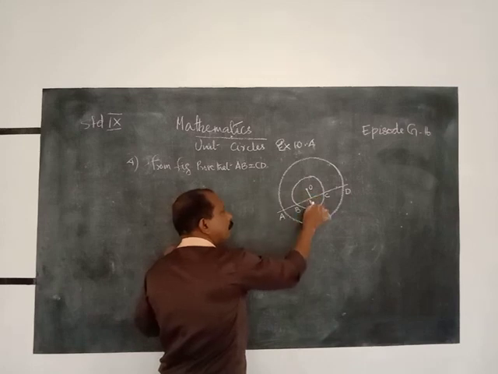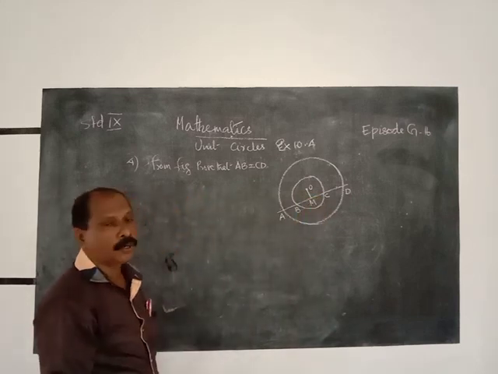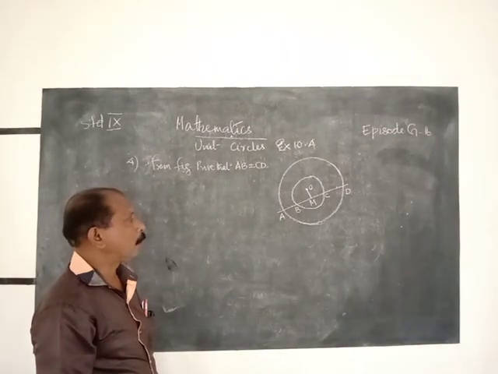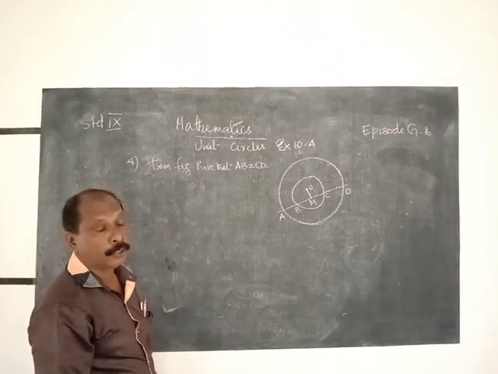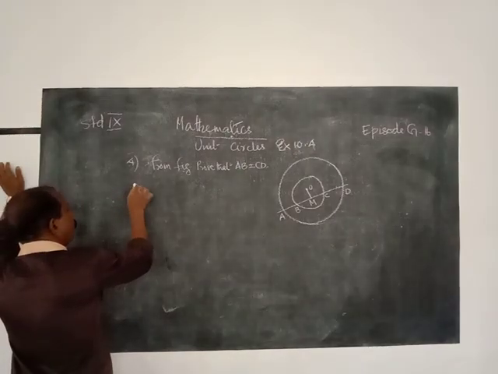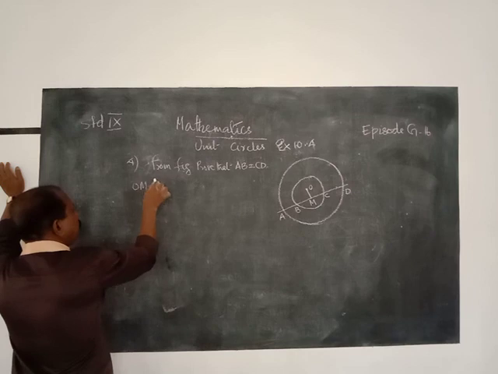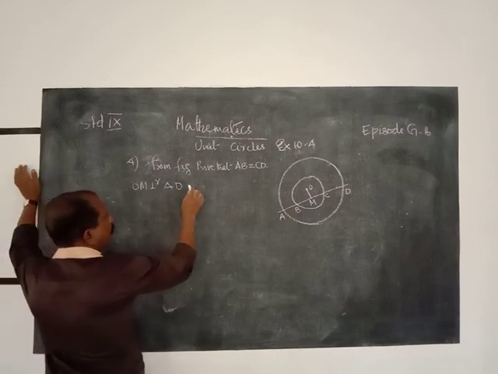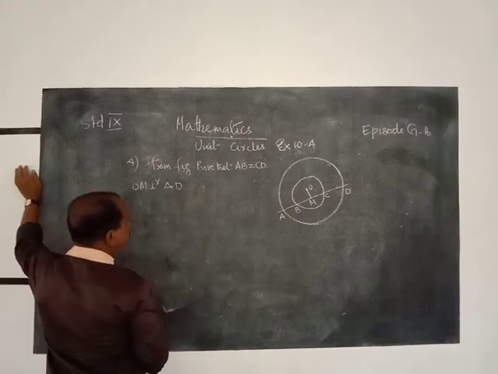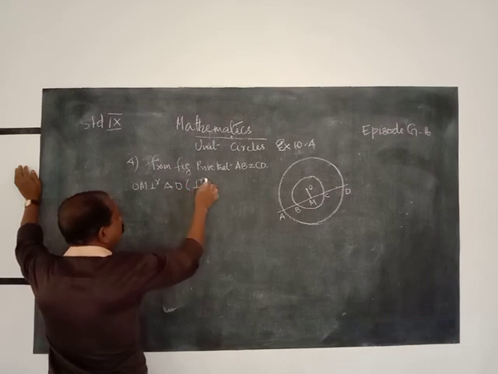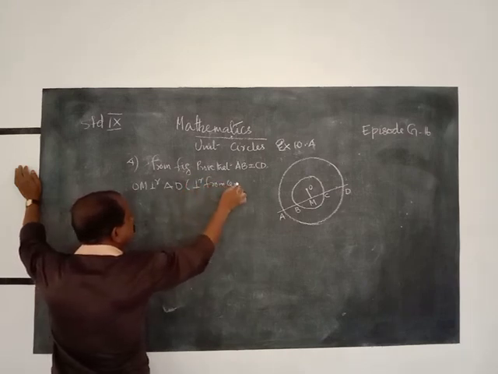For that, listen. BC is the chord of a circle with the center O. OM is perpendicular to BC. Therefore, the perpendicular bisects the chord. Also OM is perpendicular to AD. That is a perpendicular from the center.